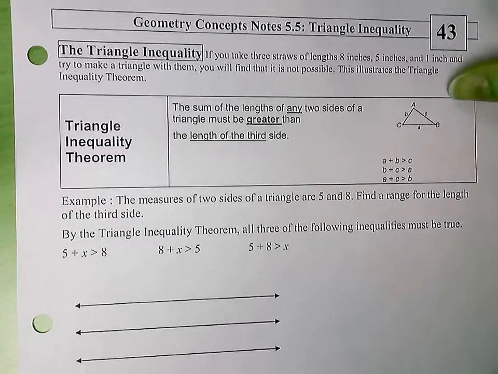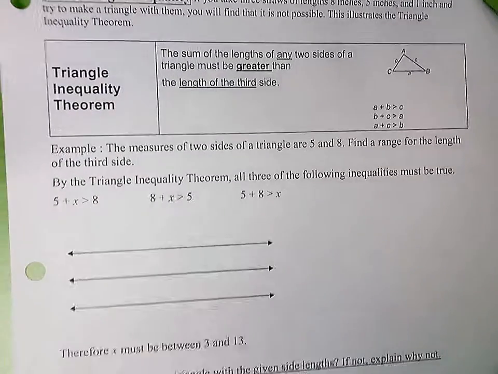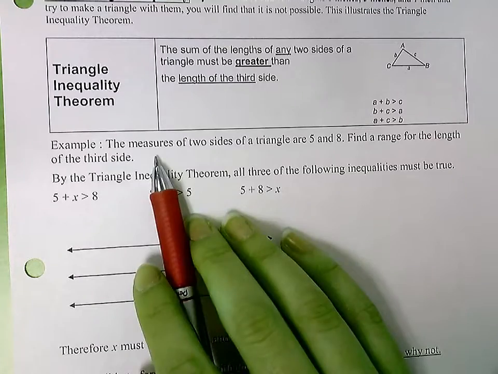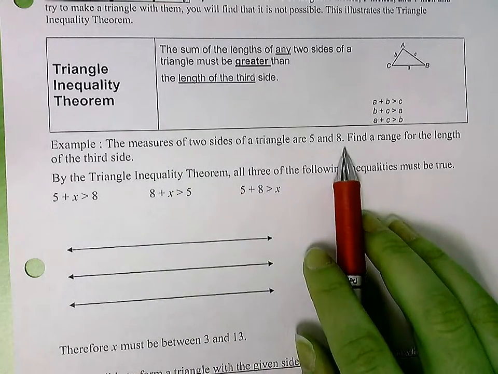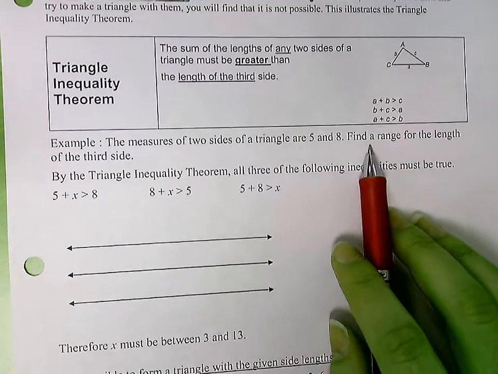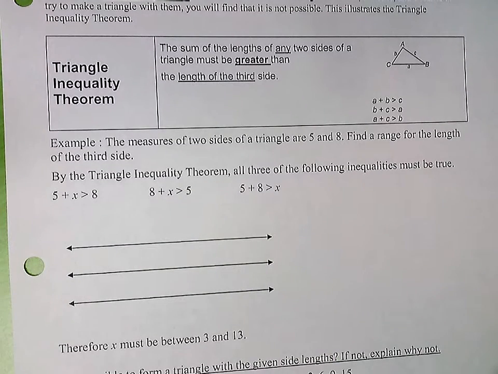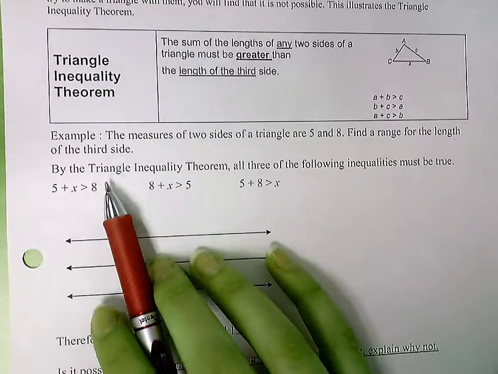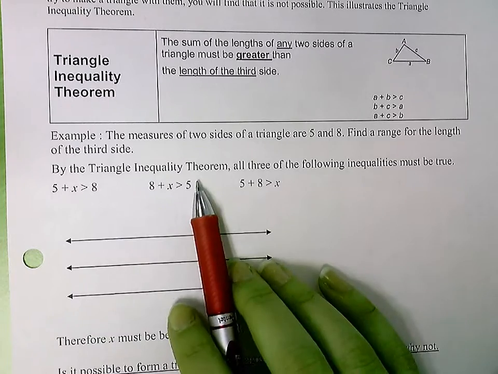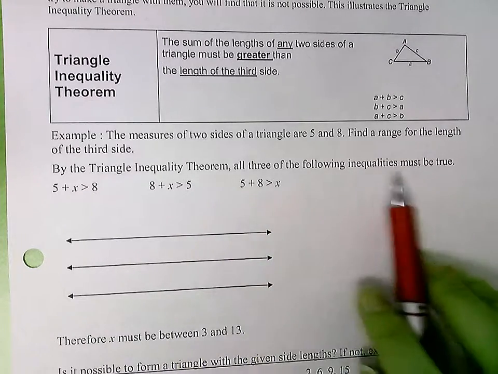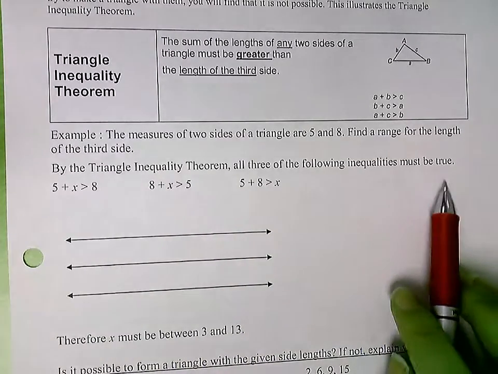So our first example: the measures of 2 sides of a triangle are 5 and 8. We want to find a range for the length of that third side, so it could be any numbers between 2 different numbers. By the triangle inequality theorem, all 3 of the following inequalities must be true.